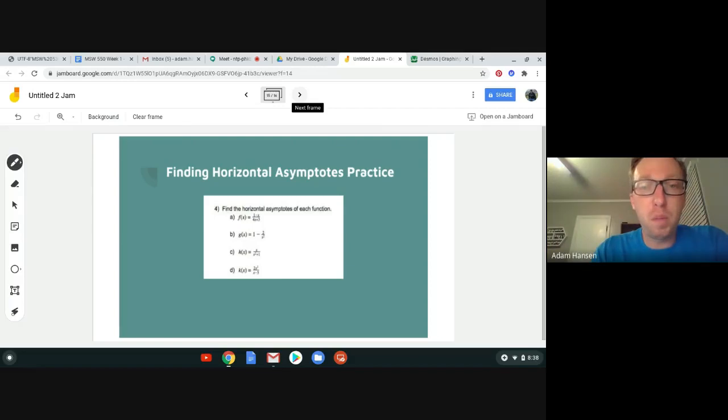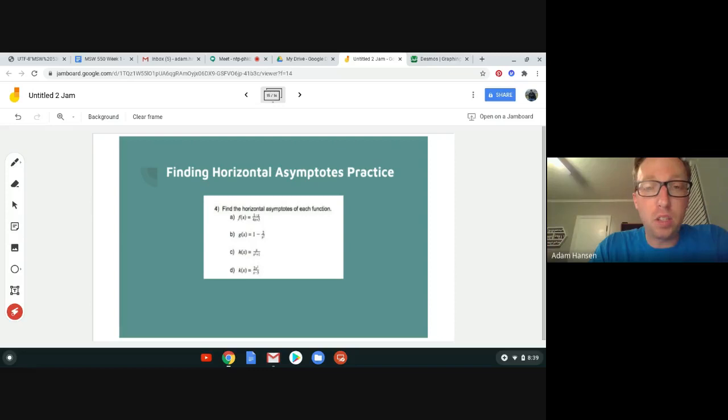All right, a little bit here on some shortcuts that I notice. Let's look at part A. I want to find the horizontal asymptotes of each function. I've got a linear function on top, a linear function on bottom, so they're going to approach infinity at the same rate.